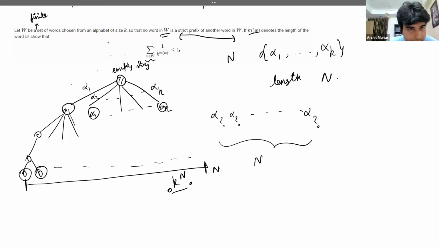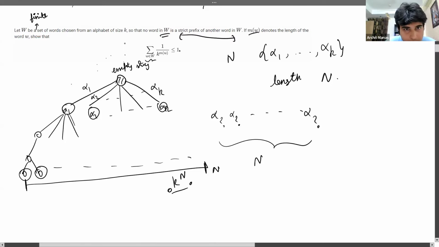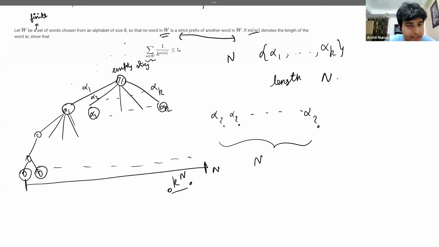And so what that means is if you now were to take a look at the positioning of words in W on this tree, they're going to be just vertices, right? And can anyone tell me what the special property of these vertices is?